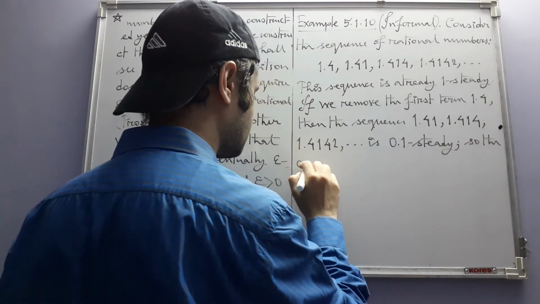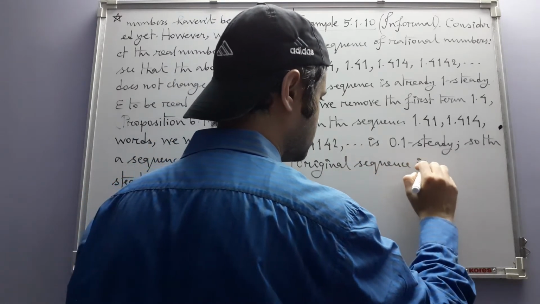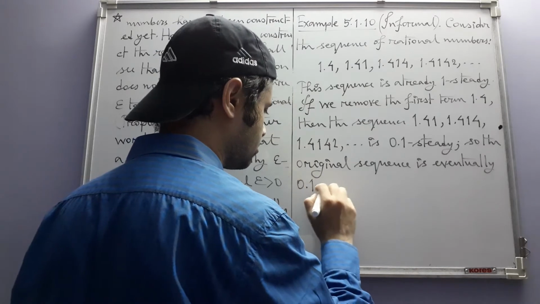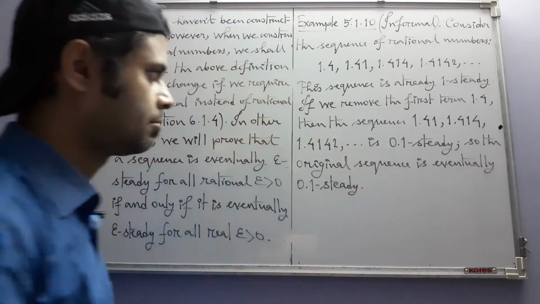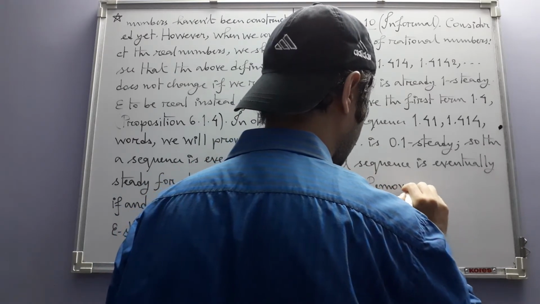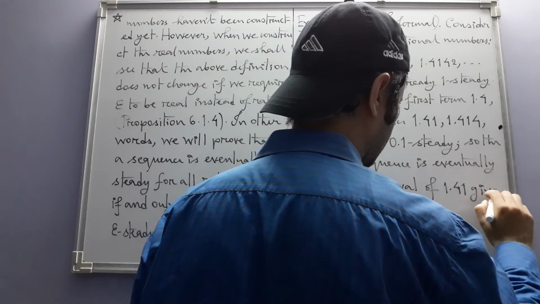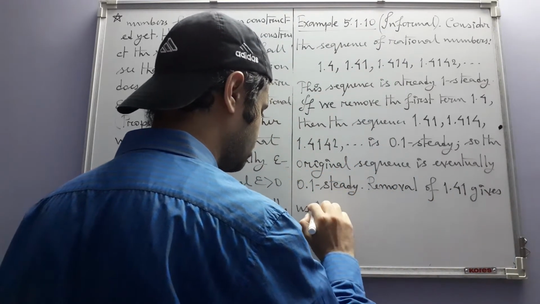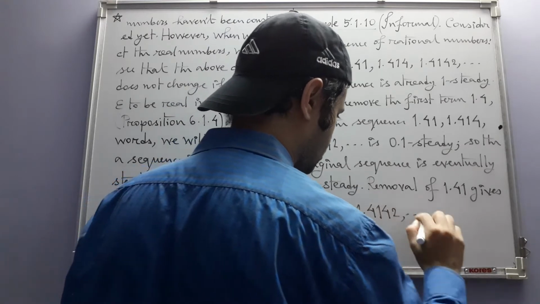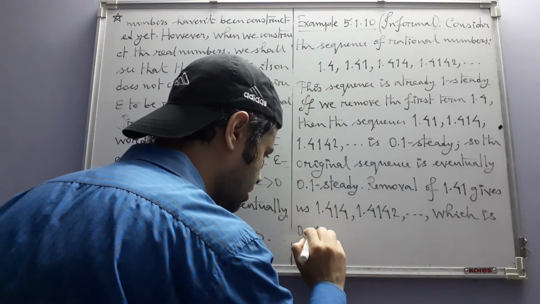So the original sequence is eventually 0.1 steady. If we remove one more term, if we remove this one also, removal of 1.41 gives us a sequence which is 0.01 steady.